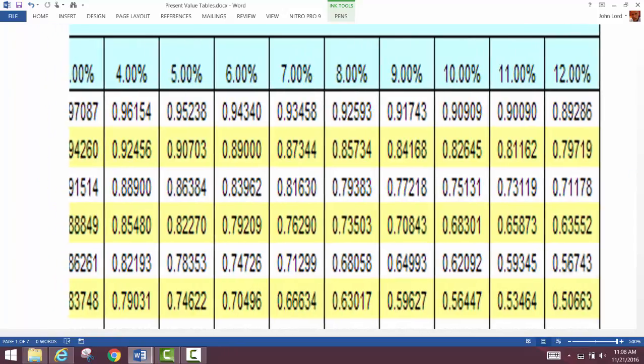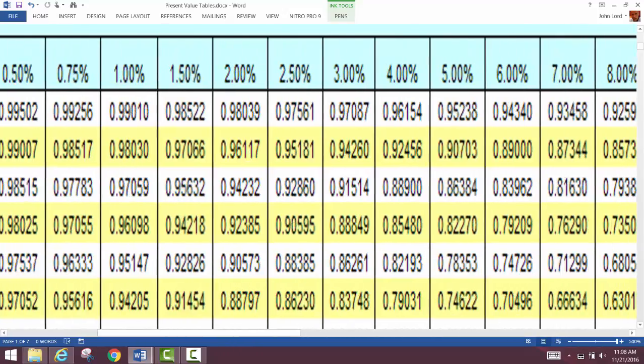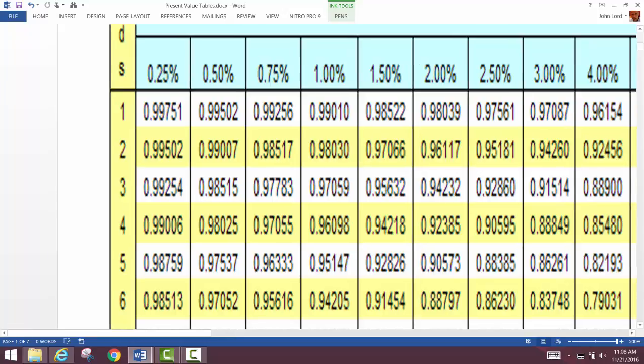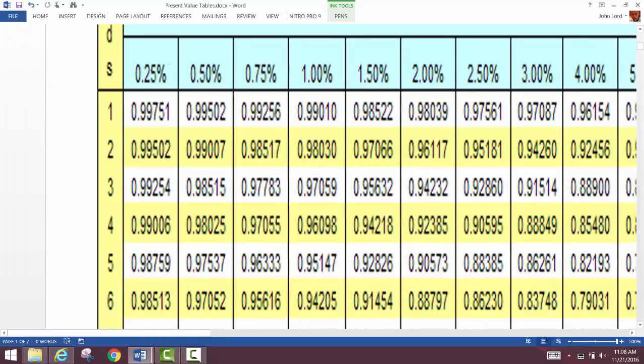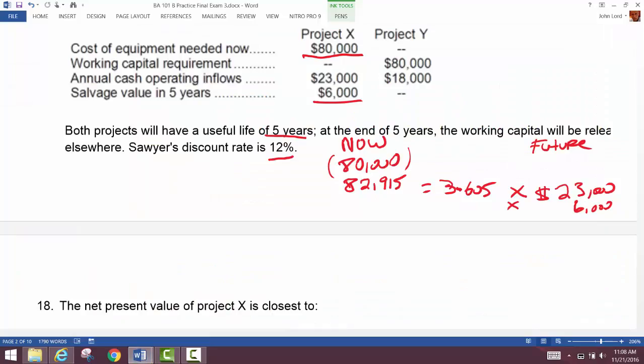I just went down the 5 years over to the 12%, right? Everybody see how I got that number? I'm going to multiply it, rounding to 0.567, and that gives me the present value of this salvage value, which is 3,402.